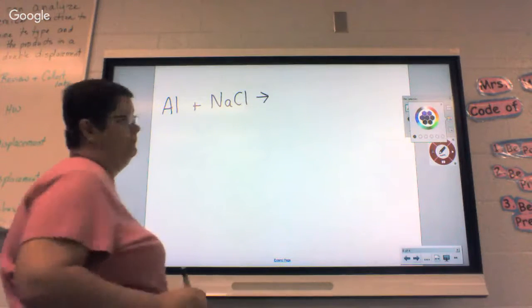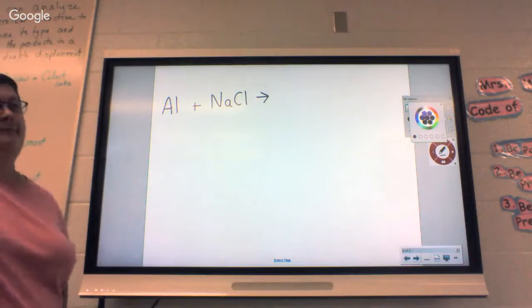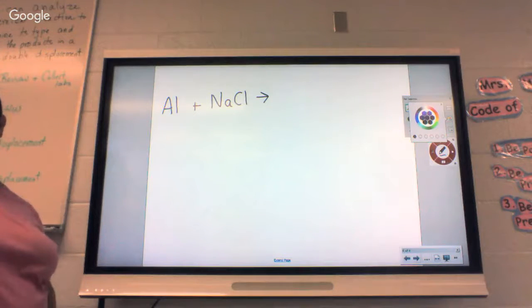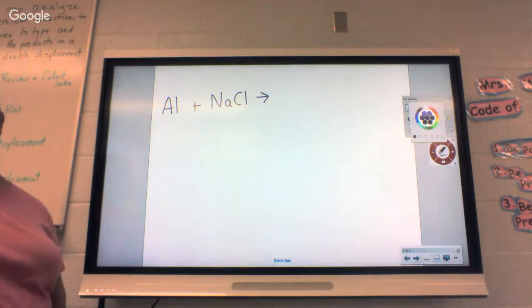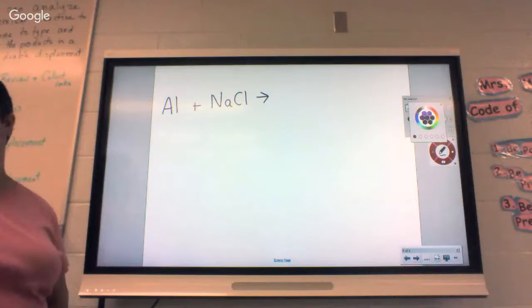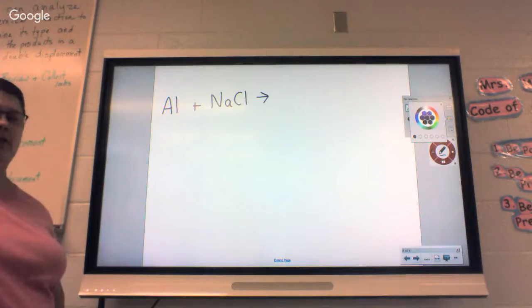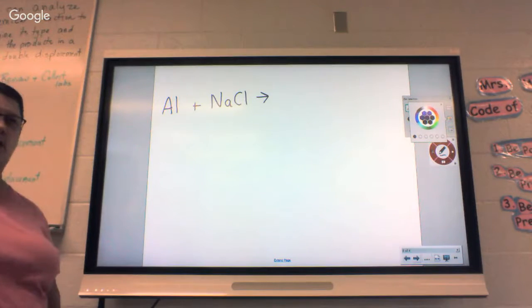All right, this is a standard single displacement reaction. How do you know? There you go. So, according to the steps, the first thing we need to figure out is the oxidation number, because according to single displacement, two elements are going to switch places.